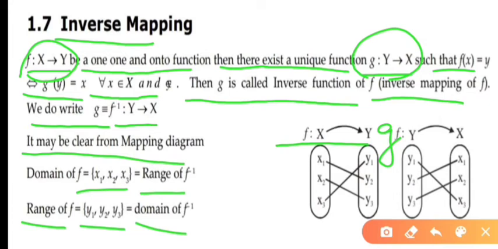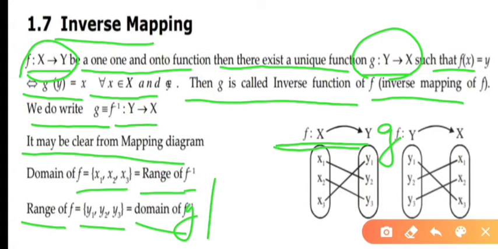Let us consider f from x to y, x1, x2, x3, y1, y2, y3, and in the second set g from y to x, y1, y2, y3 and x1, x2, x3. It is g inverse, right?